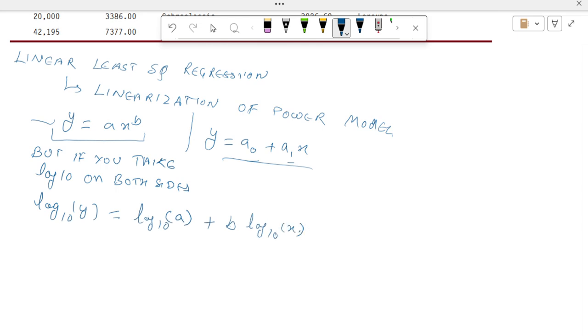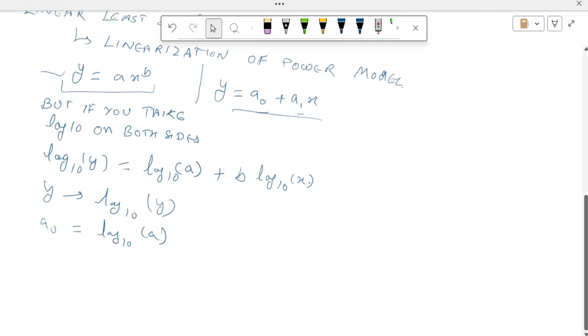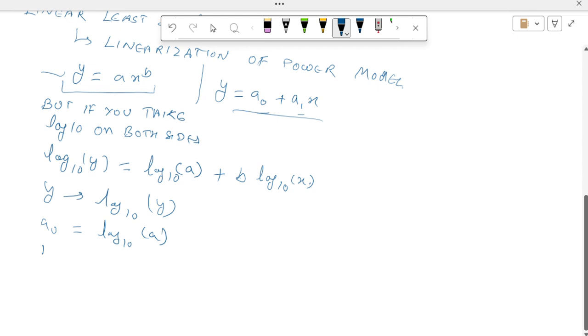Now if you compare it with your original equation, your y is basically log 10 y, and your a naught is log 10 a, and your b or your a1 is b, and your x is log base 10 x.